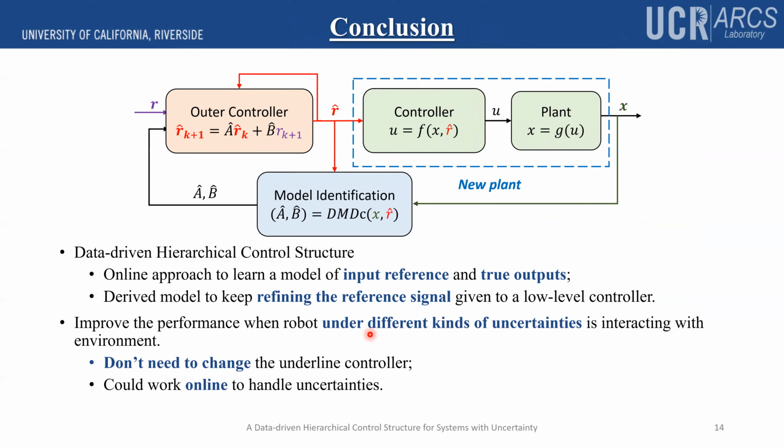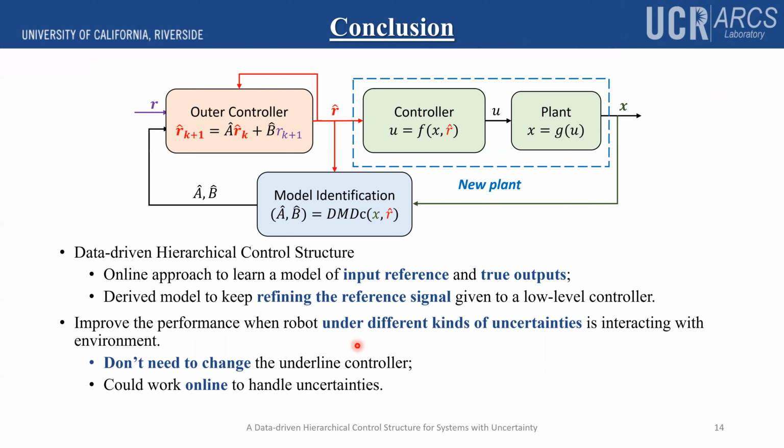Overall, in this paper, we propose a data-driven hierarchical structure to help robots handle uncertainties when they are interacting with the environment in real time. It combines two parts: an online modeling part to learn the relation between the reference given to the robot and its output, and an outer controller which refines the reference.